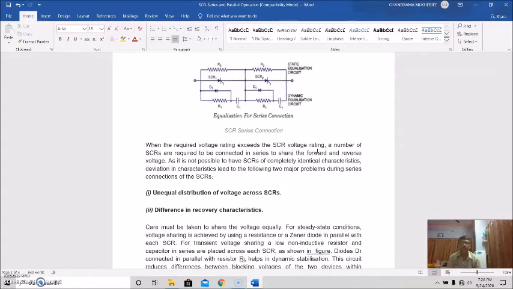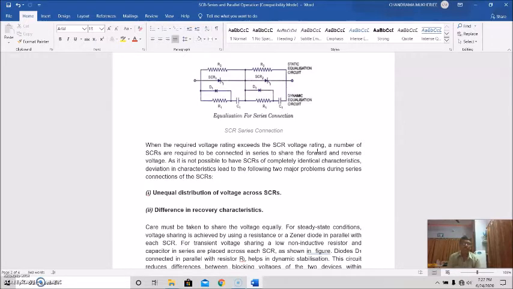A number of SCRs may be required to connect in series to share the forward and reverse voltage. Since it is not possible to have SCRs of completely identical characteristics, and deviation in characteristics leads to problems of unequal distribution of voltage across SCRs and difference in recovery characteristics, care must be taken to share the voltage equally.